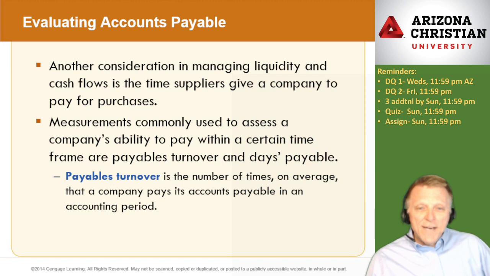So managing the number of times is a topic of discussion in the course text, that rate of payables. Sometimes you'll want to save your cash and extend payments out to your suppliers, and sometimes you'll want to pay off your suppliers right away. In either event, your cash flow is impacted. So just understand that and read some about that in the course text.